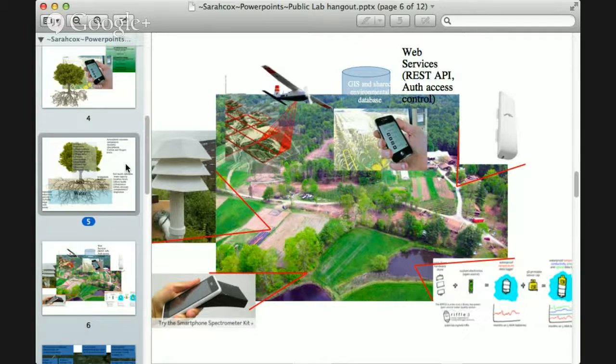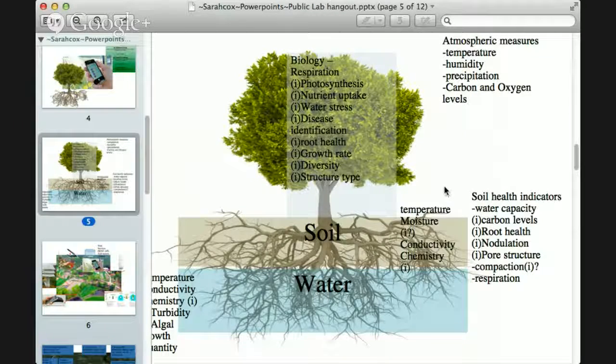We're looking at how these systems all integrate together.